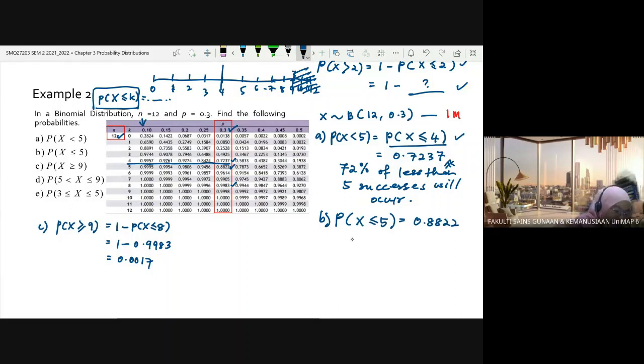What about D? This one is a bit challenging because you need to understand what is before, what is after. Greater than 5, but 5 is not included. Less than 9, but 9 is included. 5 is not included, so you begin from the next value until 9. So this is what you are looking for. What will be the probability value?